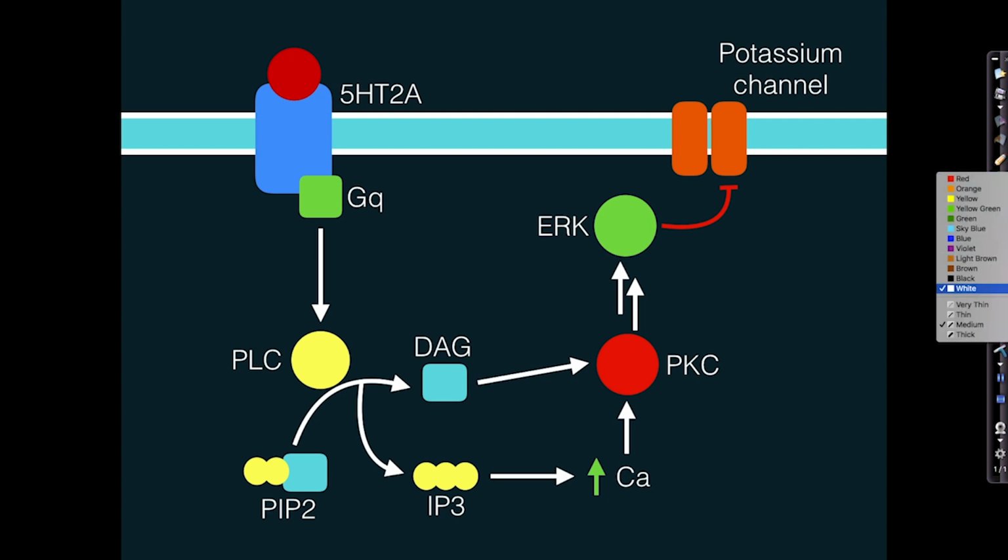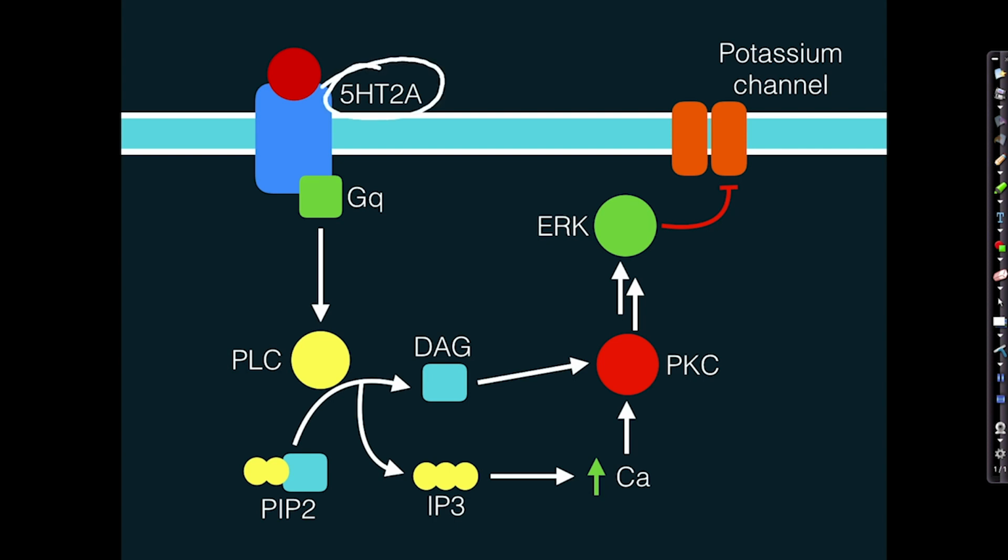Okay, so this is a simplified signaling pathway for the 5-HT2A receptor. This in red here is obviously 5-HT, this is serotonin. And this is the 5-HT2A receptor. So we'll go through this step by step.